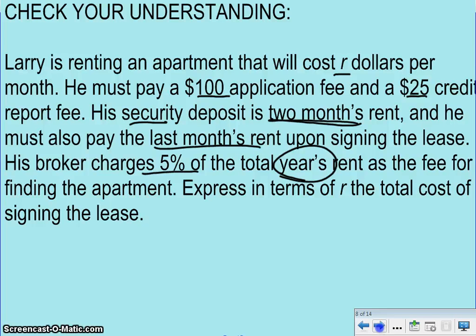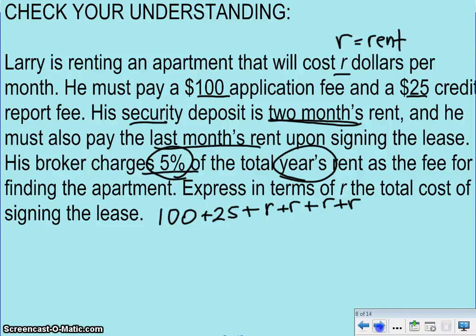So we have first the $100 for the application fee, the $25 for the credit fee, plus we have 2 months rent, so that's R plus R because R equals our rent. So that's our security deposit. Plus we have the last month's rent, plus we have the first month's rent, and then we have the 5% broker fee.